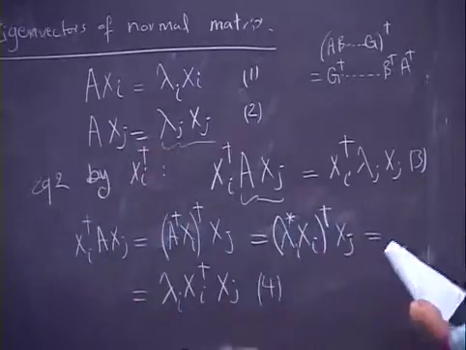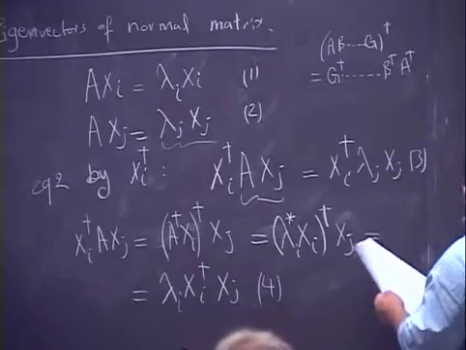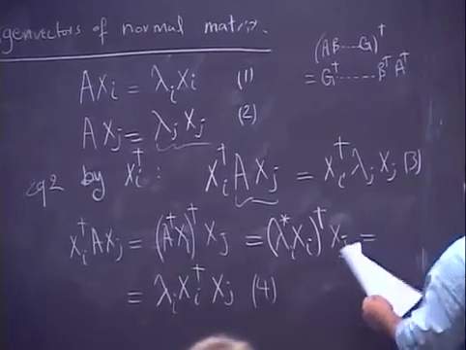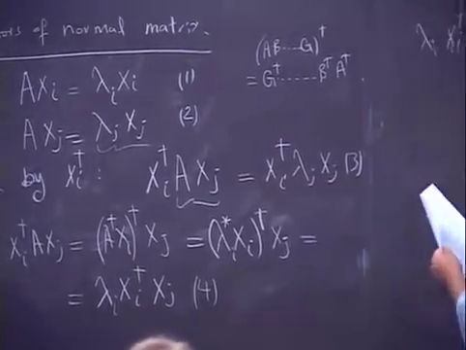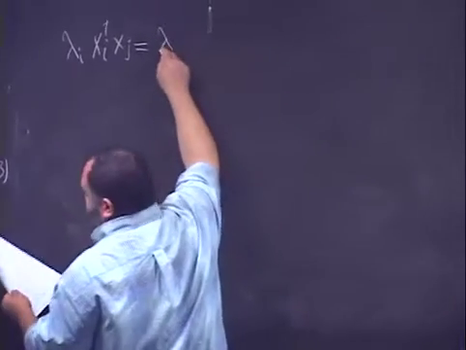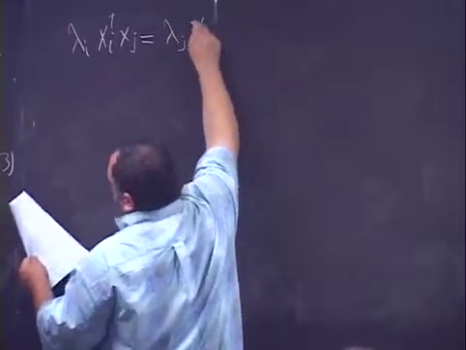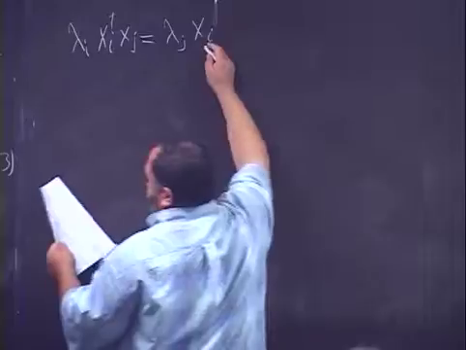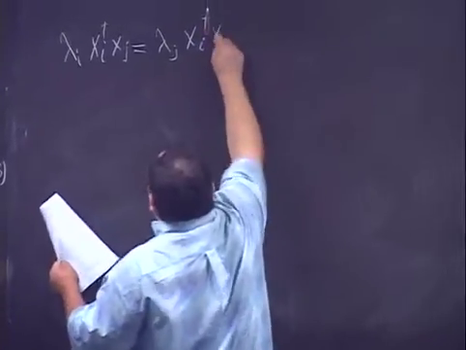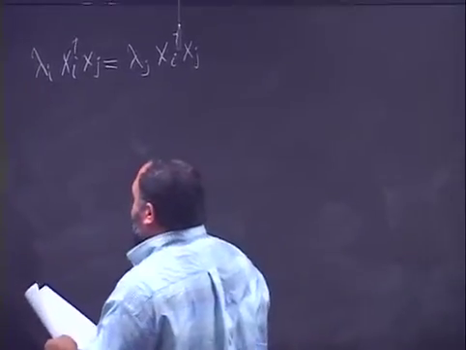So from 4, lambda i Xi dagger Xj is just equal to lambda j Xi dagger Xj. And this is from what?